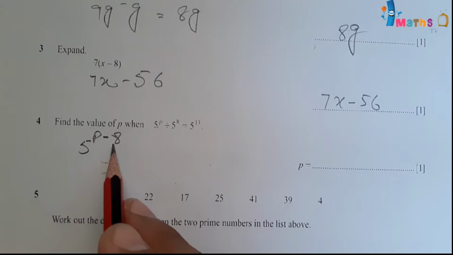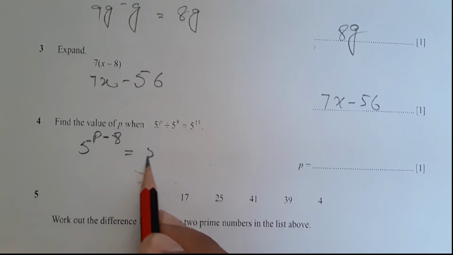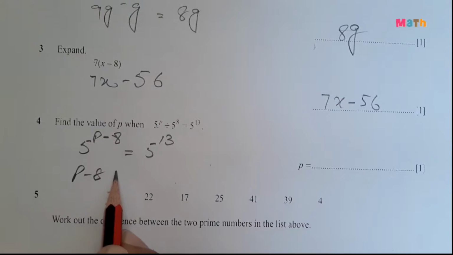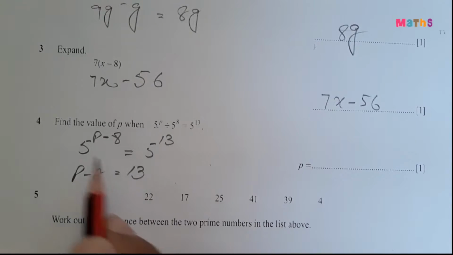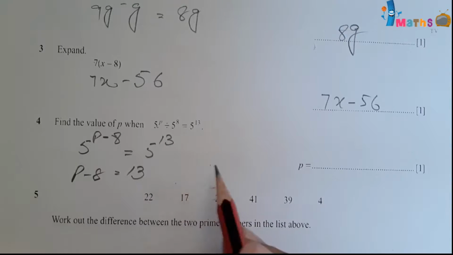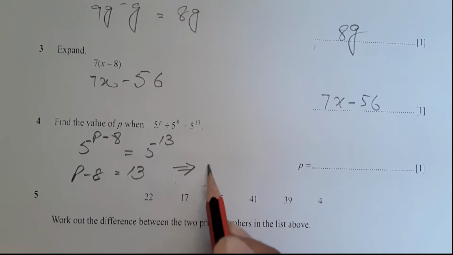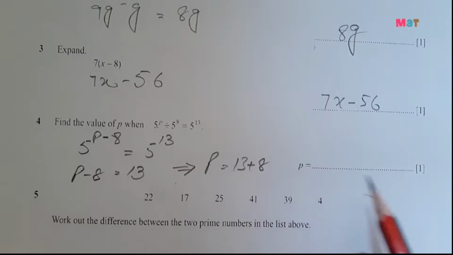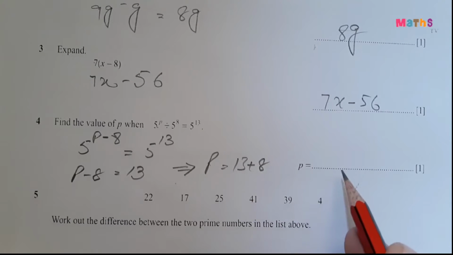So 5 raised to p minus 8 is equal to 5 raised to power 13. Bases are same, so powers will be same. p minus 8 is equal to 13. So this implies p is equal to 13 plus 8, which is equal to 21.